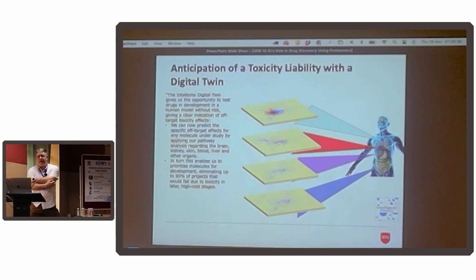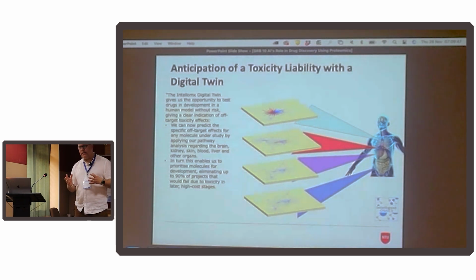This is what I was saying about the digital twin concept. So this is visualizing it. We have a network, and that network is quantified. That network is being built for a particular data set.